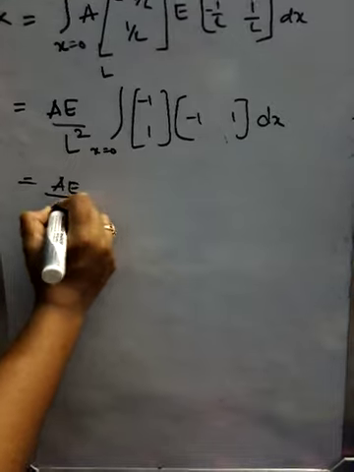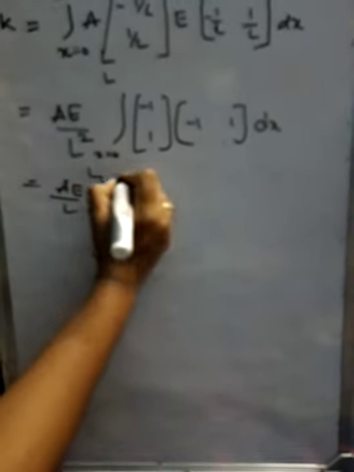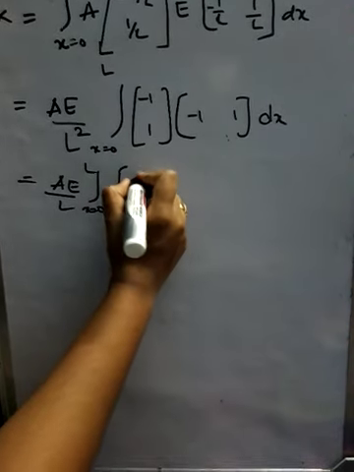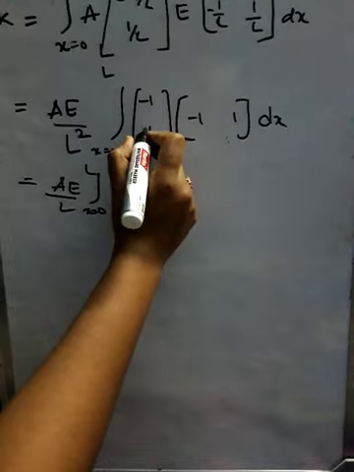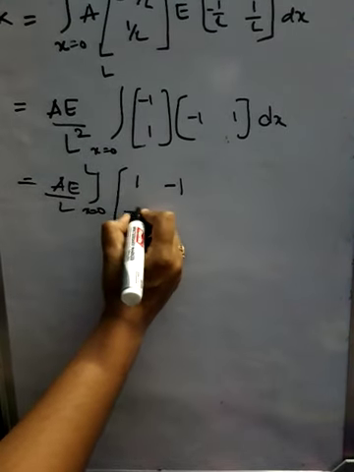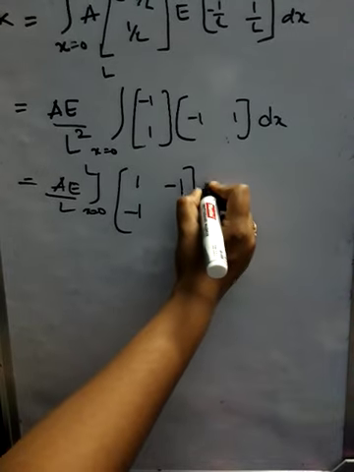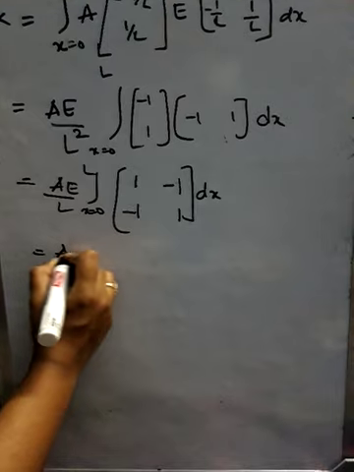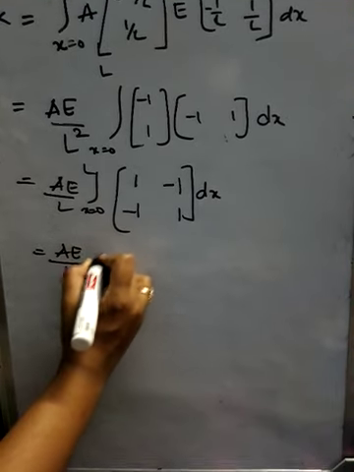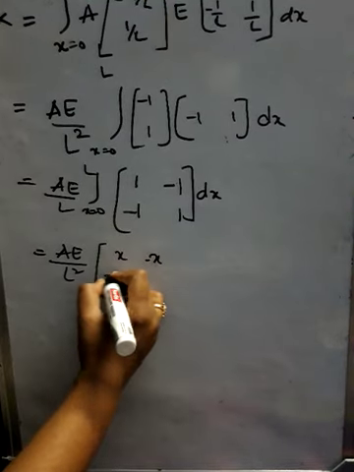Now let us multiply. So minus 1 into minus 1, 1, minus 1 into plus 1, minus 1, and for this you will be getting minus 1 into plus 1, it would be minus 1, and 1, that is dx.